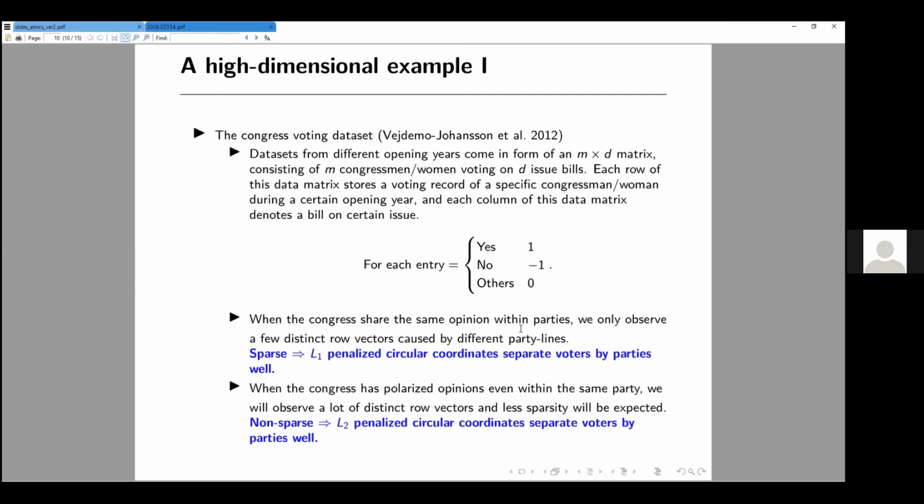So there will be a lot of different patterns in the row space of this data matrix. In this case, there is no sparsity, and we'll expect that the L2 penalized circular coordinates separate the voters by the parties much better. So what is interesting is the results.